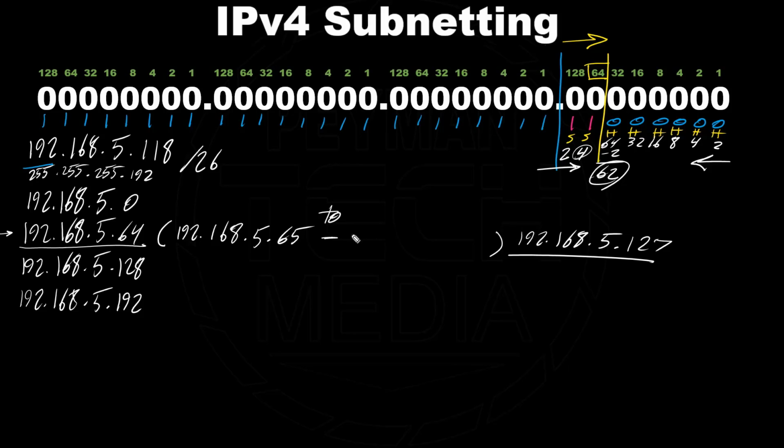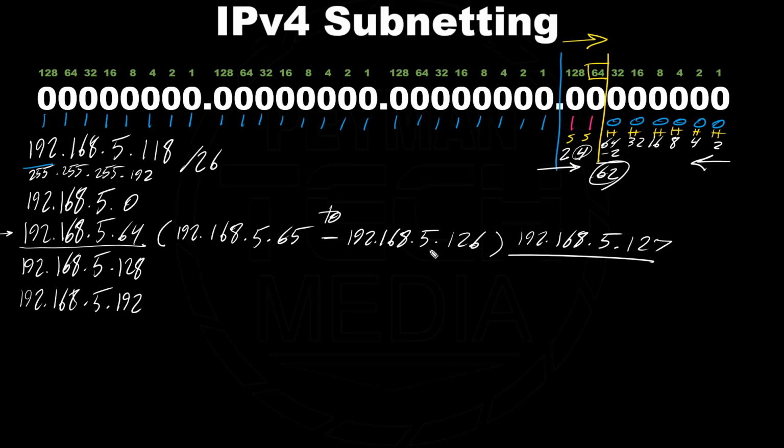It goes up to 192.168.5.126, one less than the broadcast. So these are the available IP addresses for this subnet. And looking at this IP address, 192.168.5.118, it will fall in between these IP addresses, between 5.65 and 5.126, which is kind of closer to the end, the 126.